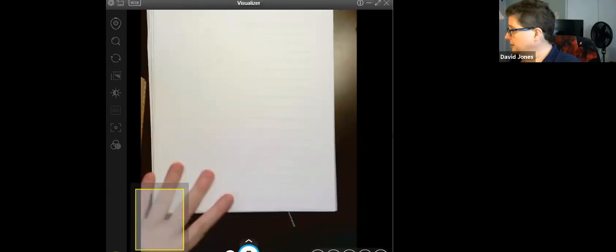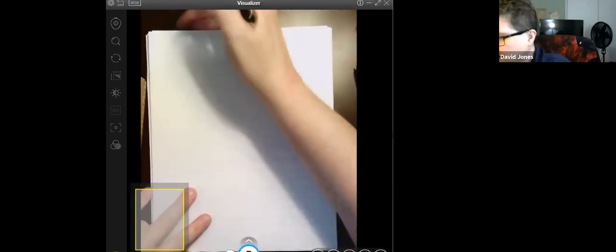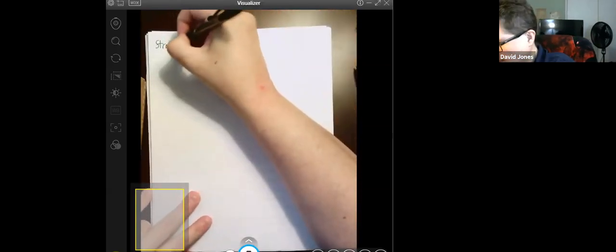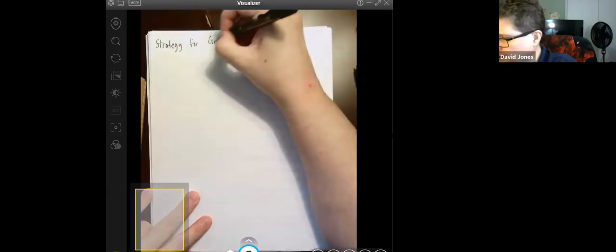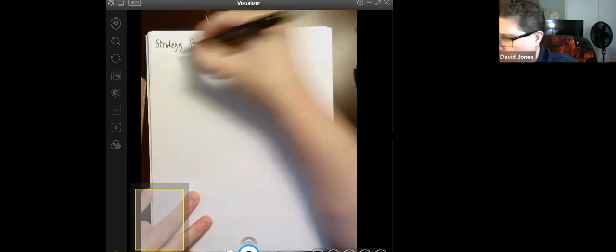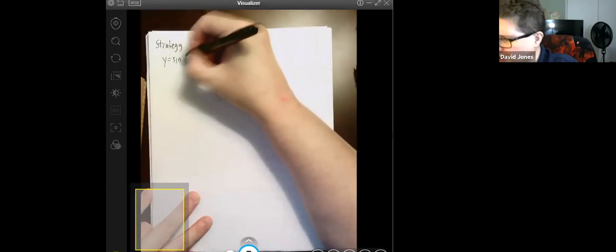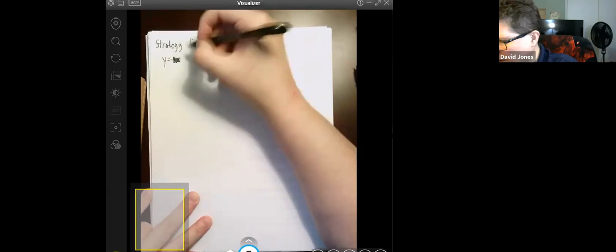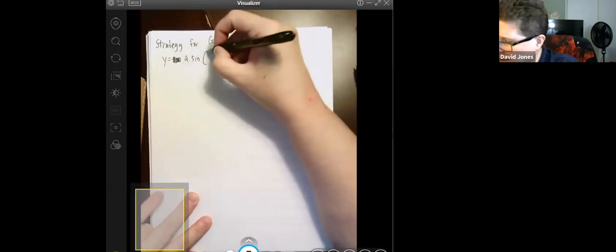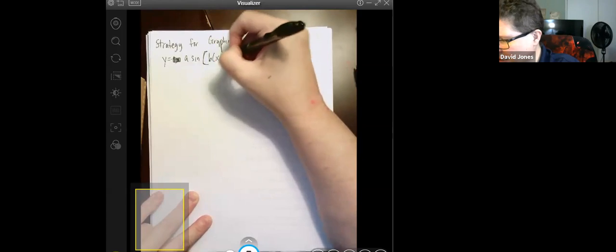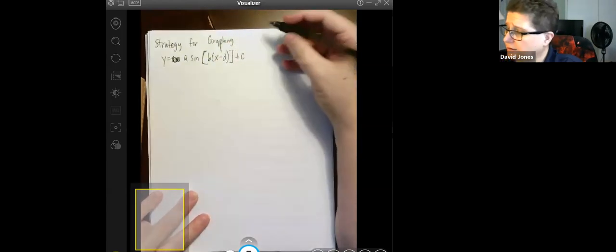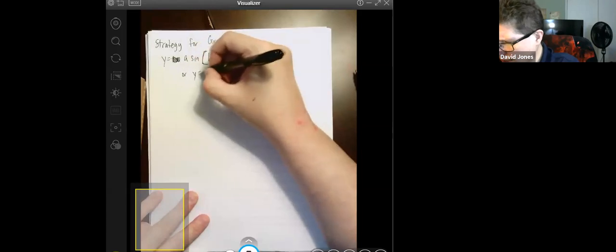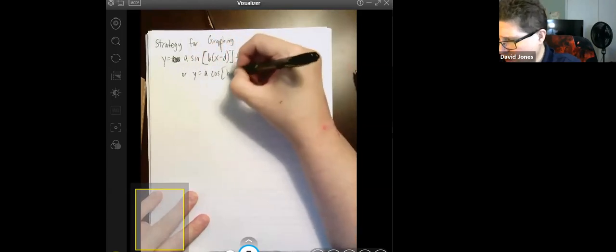And let's talk about what's going on here. The general rules for graphing these things. Strategy for graphing. Y equals a sine of b times x minus d plus c, or y equals a cosine of b x minus d plus c.